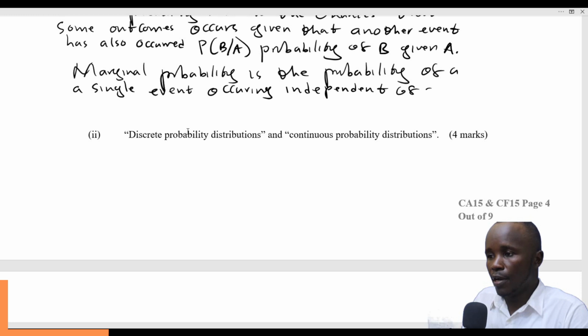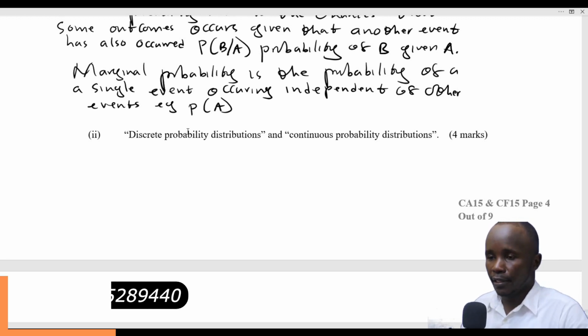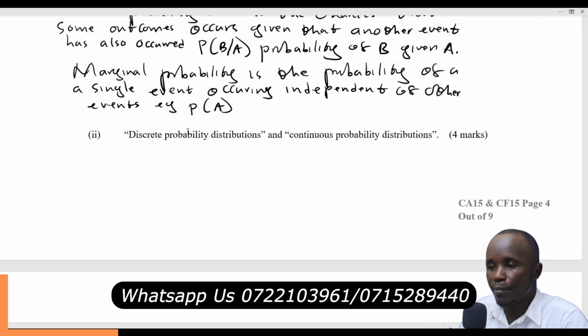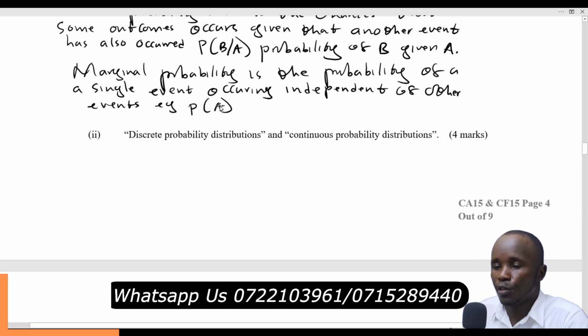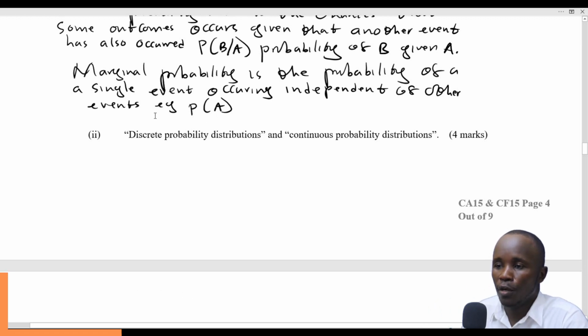We normally call this just, e.g., probability of A. What is the probability that it is going to rain? What is the probability that something is going to happen? Then we are talking of the probability of an event happening. That one we call marginal probability.